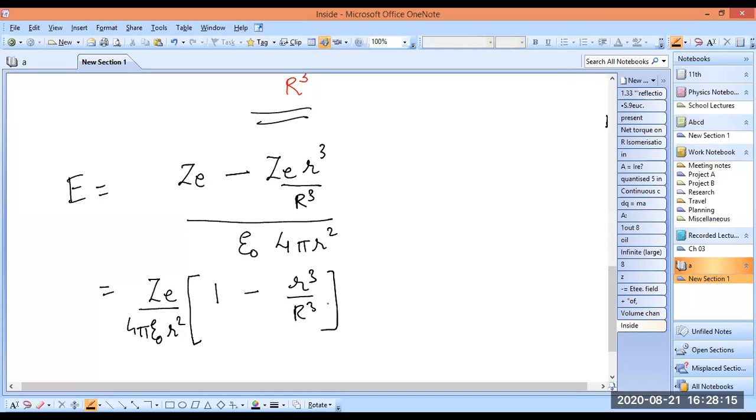So this is the formula of electric field inside the atom, right? You don't have to remember it, this is just, you know, we solved the question. So this is the formula of electric field we get inside this atom, right? So with that done, this example is over.